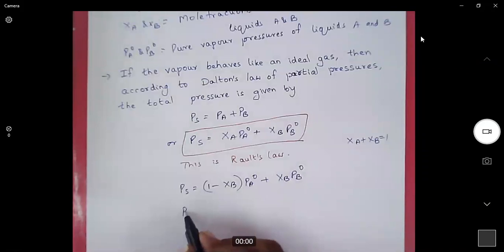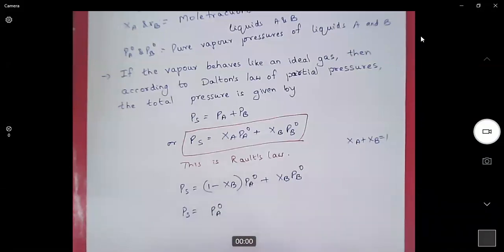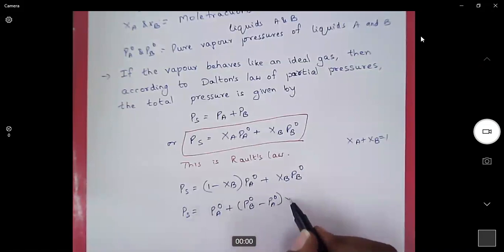So we can rearrange this equation: 1 into PA naught becomes PA naught minus XB into PA naught plus XB into PB naught. When we make XB a common factor, we get PA naught plus (PB naught minus PA naught) into XB.